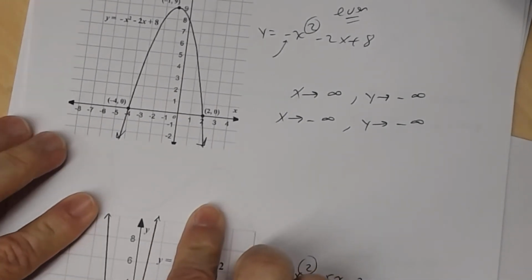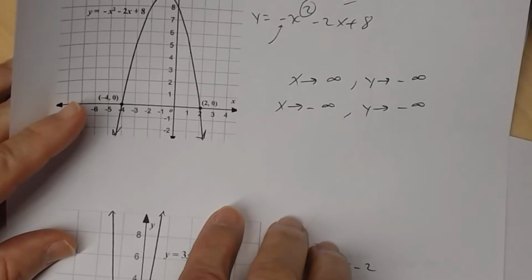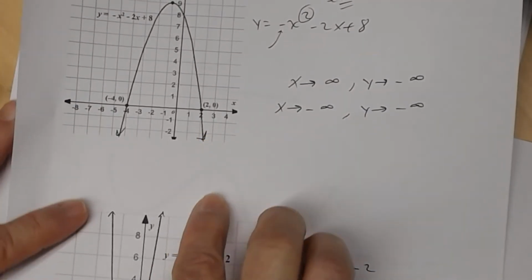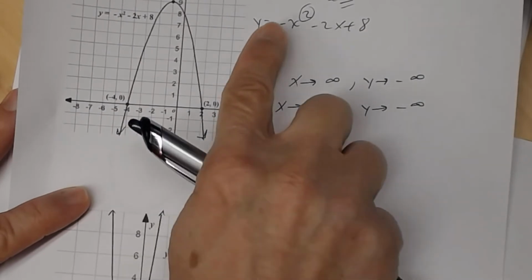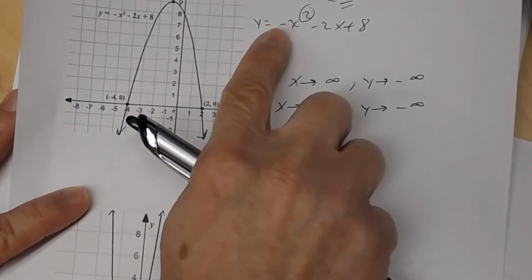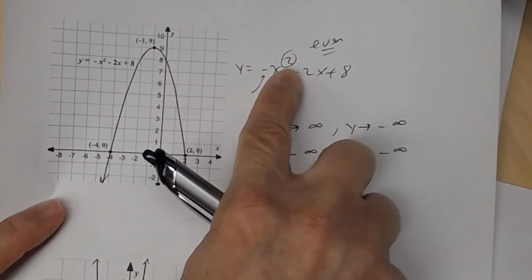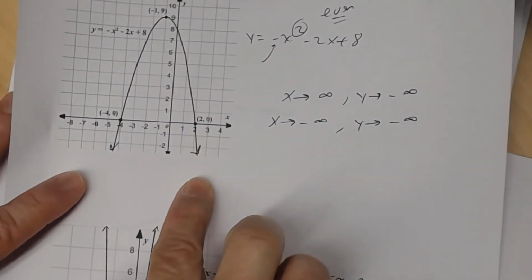Now I'm going to ask you again, what determines whether the end behavior goes down or goes up? The leading coefficient. If the leading coefficient is negative and your exponent is even, it goes down.